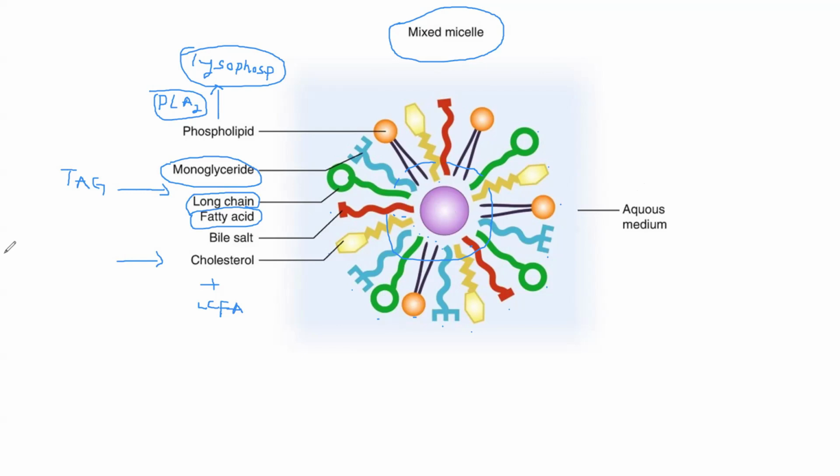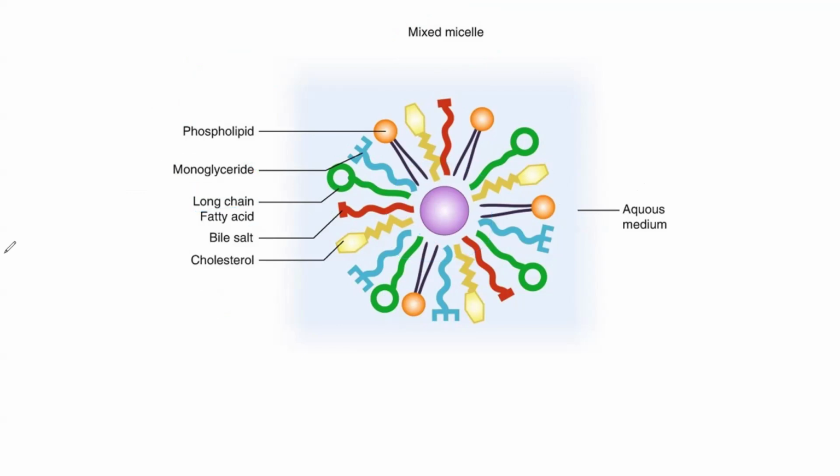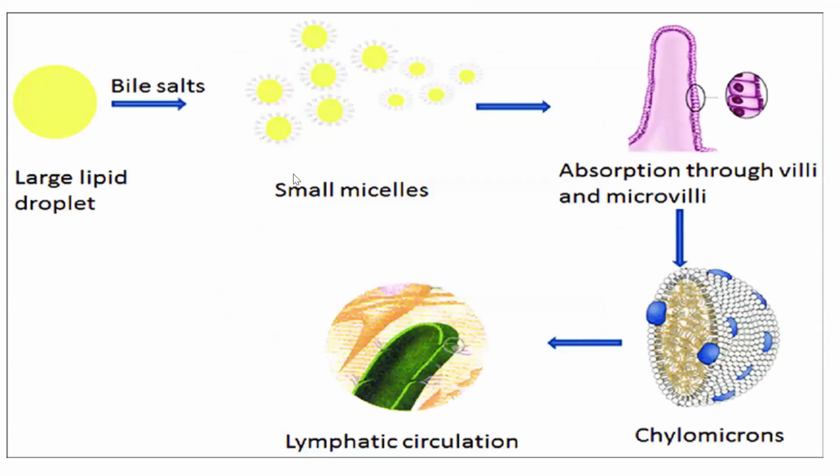After the micelle formation, this is the mechanism of lipid absorption. First, the bile acids react with all the digested products to form small micelles, that is the mixed micelles.